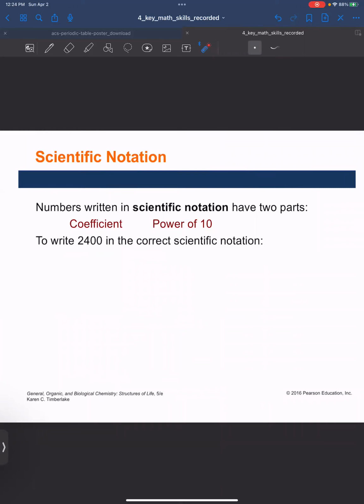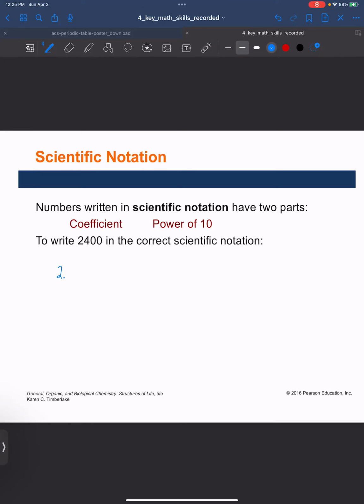Now, numbers written in scientific notation have 2 parts. They have a coefficient and they have the power of 10. So let's write 2,400 in the correct scientific notation. For the coefficient, we will write down the first non-zero number, so that's 2. And then after that non-zero number, we will write a decimal point.